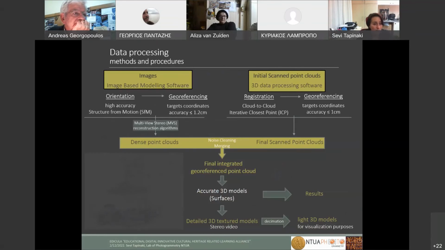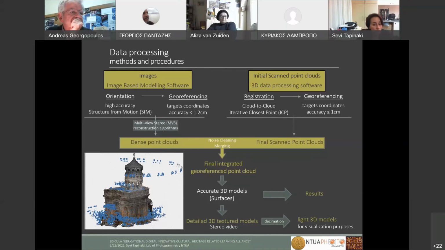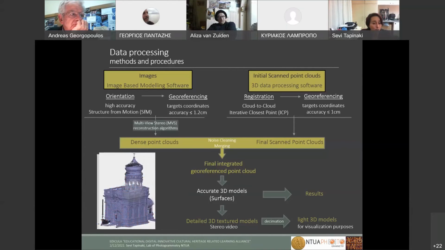An image-based modeling software was used for the orientation of the images, their georeferencing, and the production of the dense point clouds with multi-view stereo reconstruction algorithms. Additionally, a 3D data processing software was used for the registration of the point clouds and their georeferencing, and for editing the point clouds.